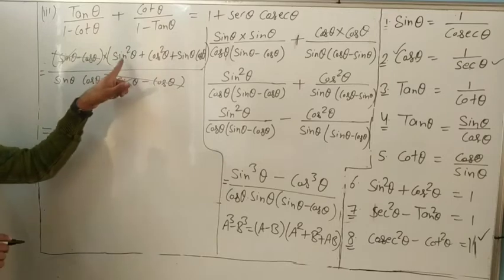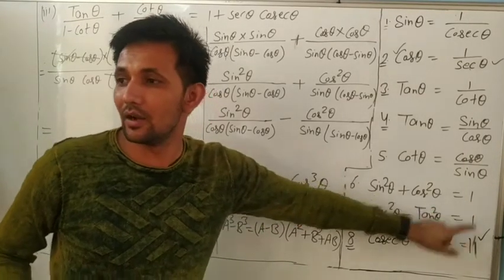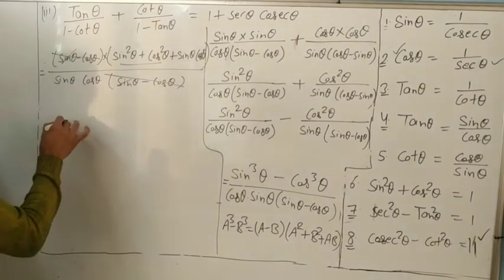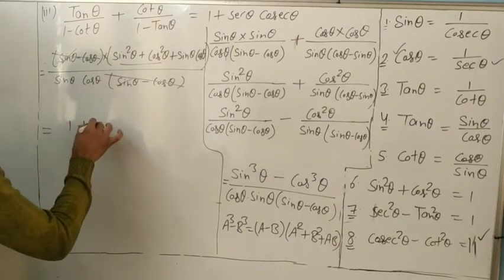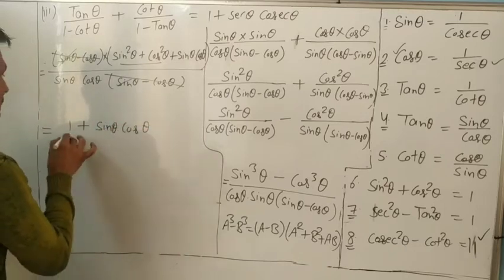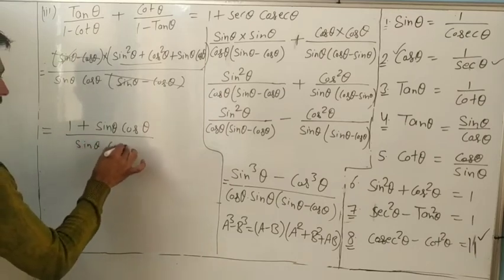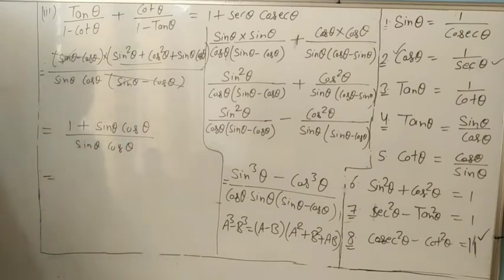We need 1. Sin square theta plus cos square theta is 1. 1 plus sin theta into cos theta, over sin theta into cos theta. Yes. Now some students cut sin theta.